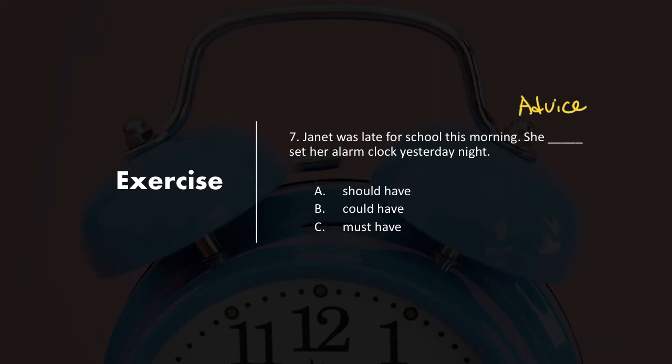Now here actually we're talking about advice, advising Janet to do better next time, or what she could have done in such a situation. So the best answer here would be should have. We are choosing should have because we are talking about a past situation, how Janet could have done better.